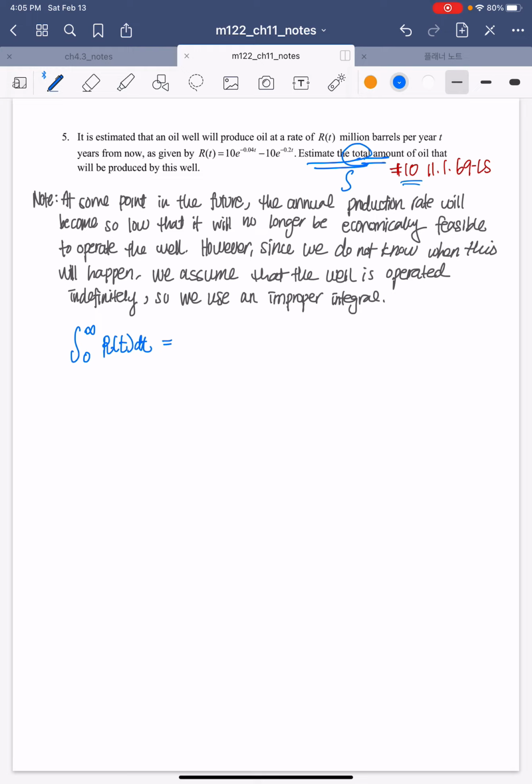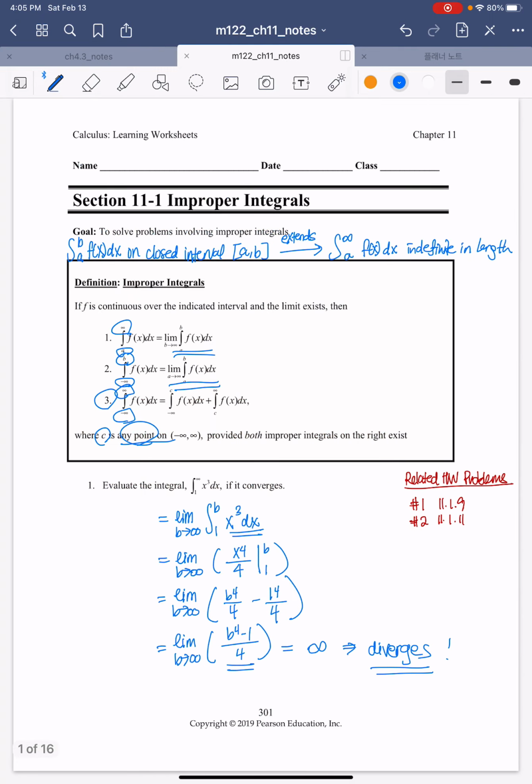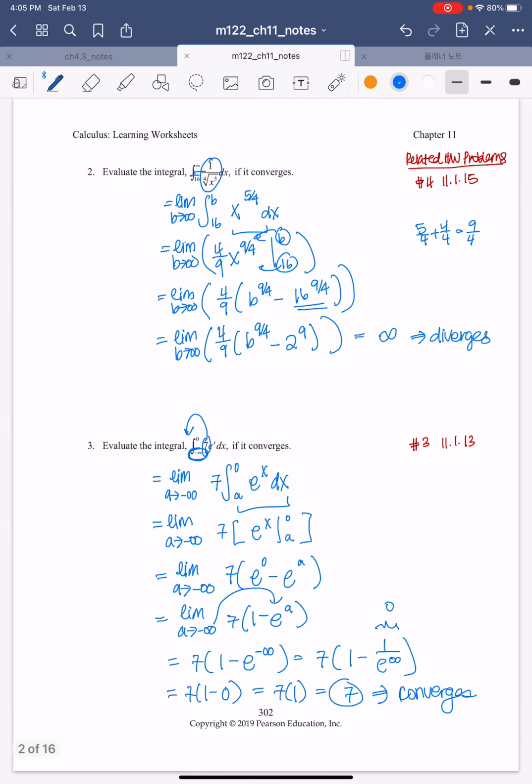Okay. So this is case 1. We have a 0, a number, to infinity. So we will rewrite it using the limit as b approaches infinity, from 0 to b.